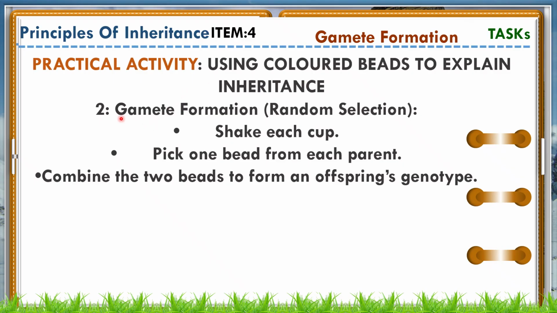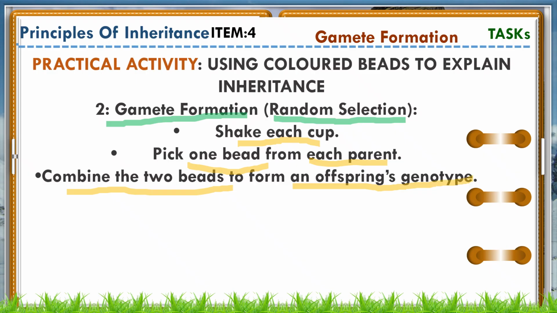Two, gamete formation. We are moving to gamete formation, and it should be random selection. What are we going to do? We are going to shake each cup, and after shaking, we pick one bead from each parent and combine the two beads to form an offspring's genotype.